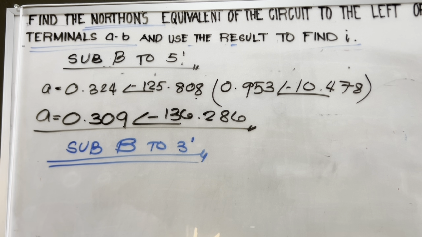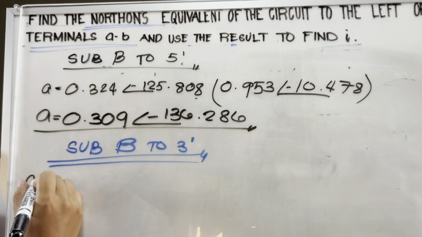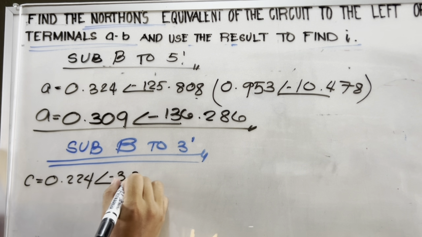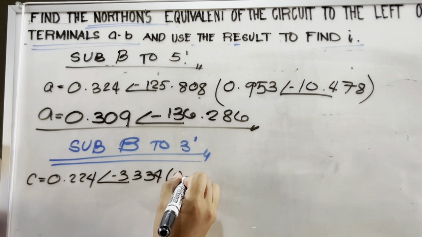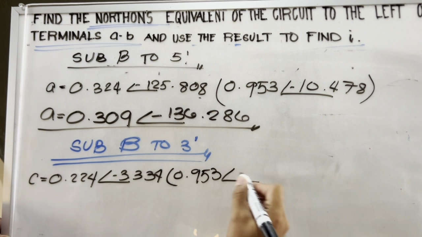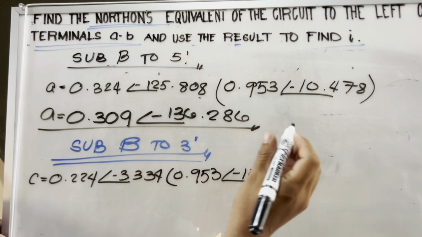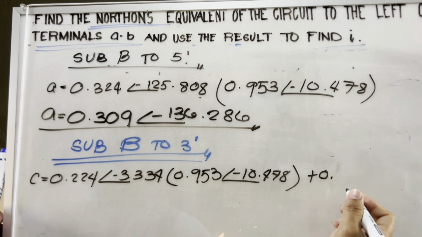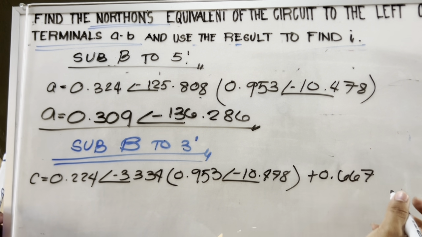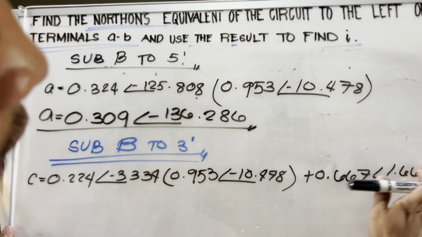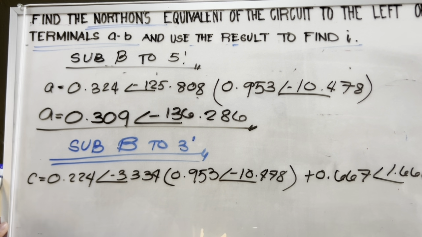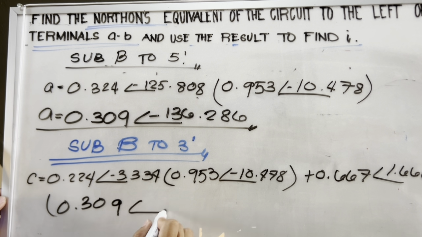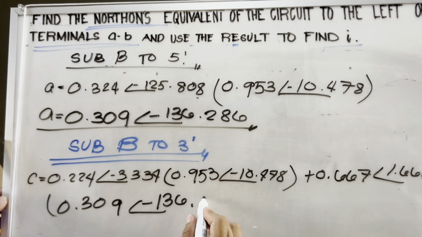We will have C is equal to 0.224 angle of negative 3.334 times 0.953 angle of negative 10.478 plus 0.667 angle of 1.666 times 0.309 angle of negative 136.286.